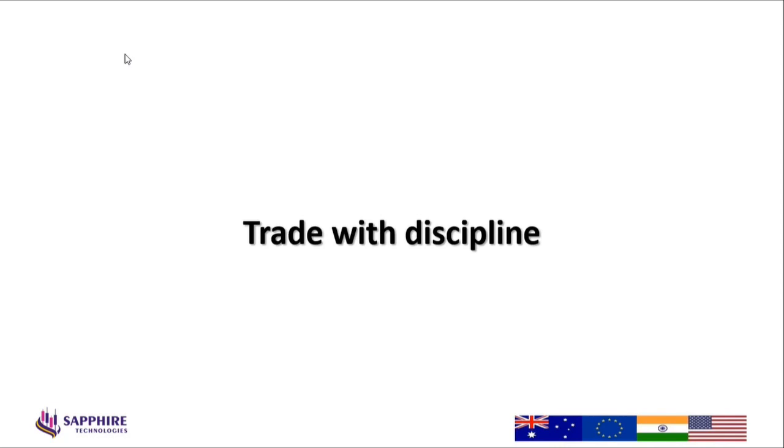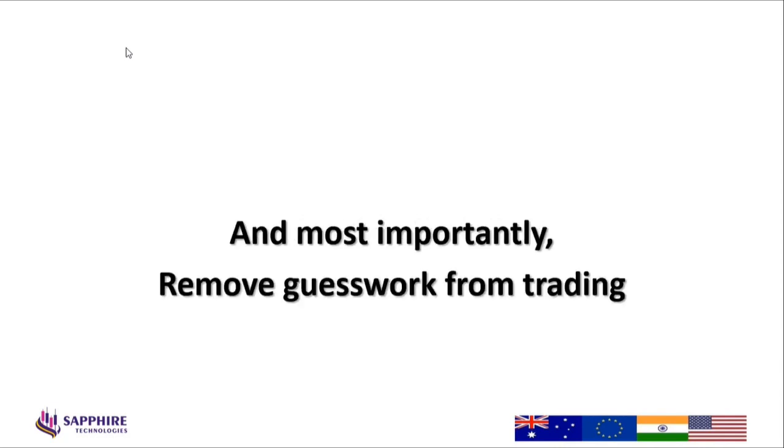So this gives you discipline in trading. We would say trade with discipline and, most importantly, there is no guesswork. It is purely based on numbers, and your decisions are scientific, based on historical performances.